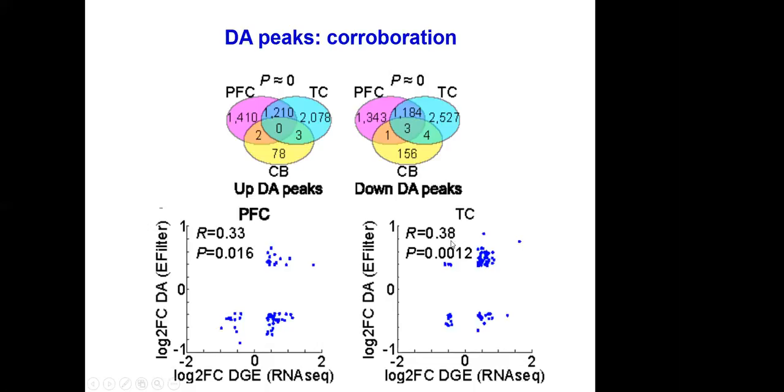Why is that? Partly biology, partly measurement artifacts. You can imagine in molecular biology, you measure the same thing with 2 very, very different assays, ChIP-seq and RNA-seq. You're not going to get concordant results, especially when you're looking at differences.